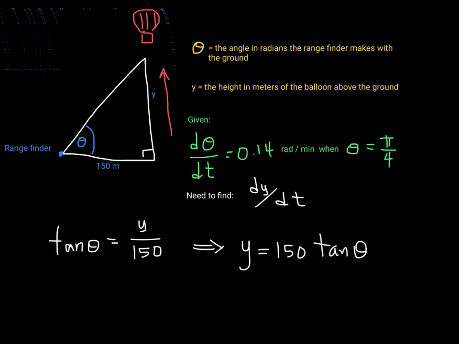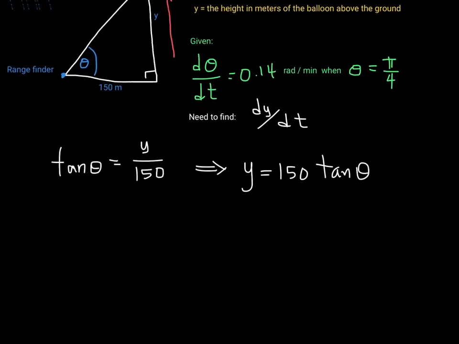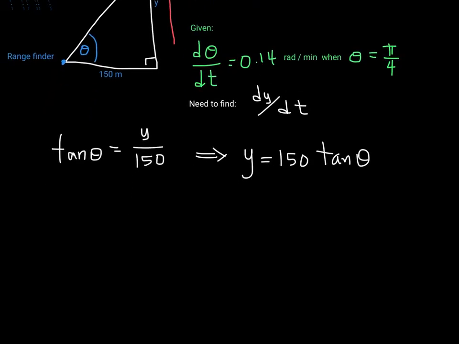Now remember what it is we're trying to find. It's dy/dt. So let's differentiate both sides with respect to t. When I differentiate the left-hand side, I get dy/dt is equal to, now 150 is a constant multiple, so I'm just going to write 150.